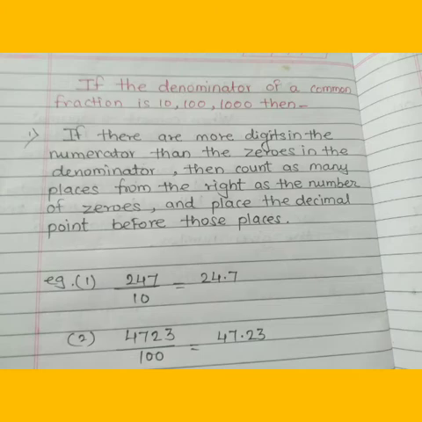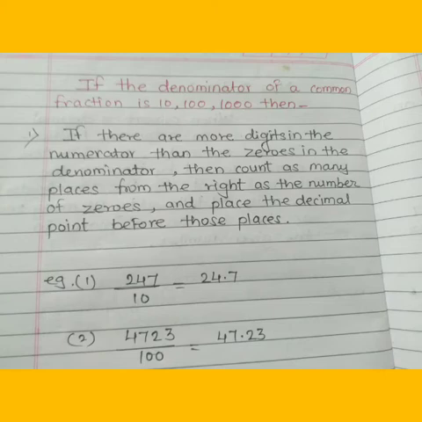For example, first one, 247 divided by 10. In the numerator there are 3 digits, and in the denominator there is a single zero. So start counting from the right side of the given number 247. There is one zero in the denominator, so we just put a decimal point before 7.